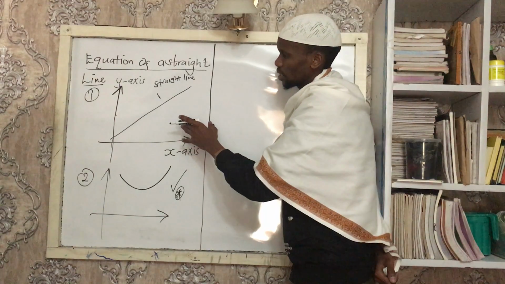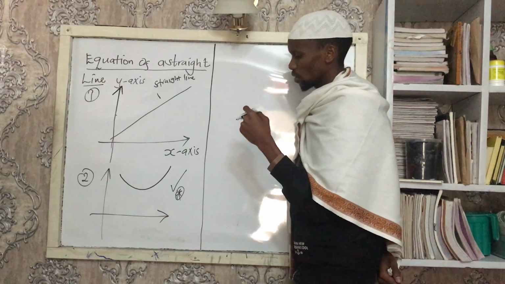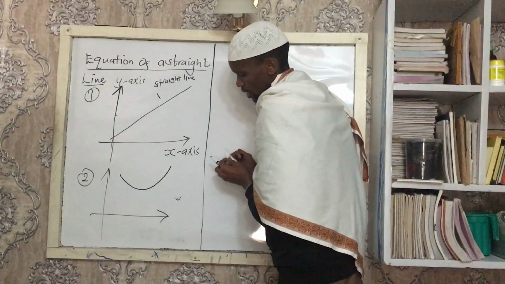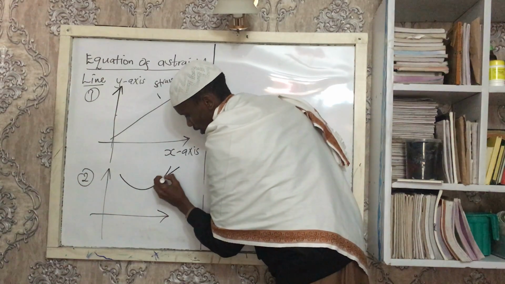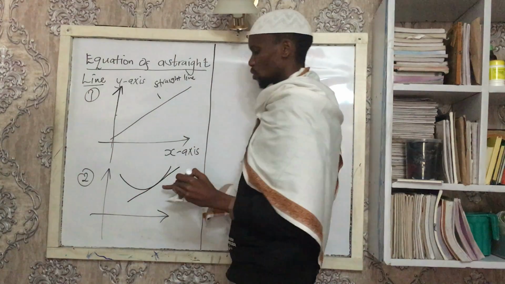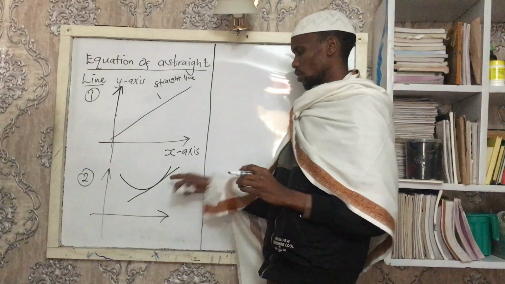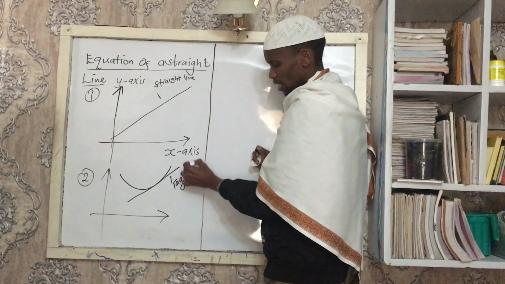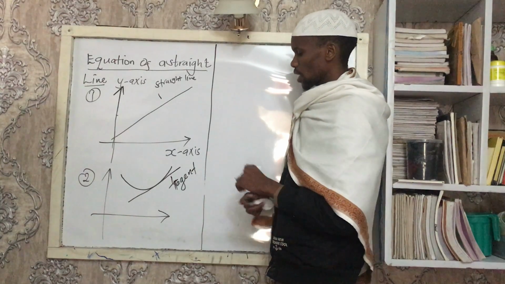But for a straight line, we can use calculus or what we call a tangent, that is a straight line touching the curve. So we can get the gradient of a curve using a tangent by drawing this line that is touching the curve, or alternatively, we can use calculus.